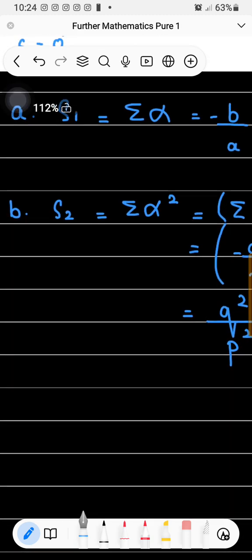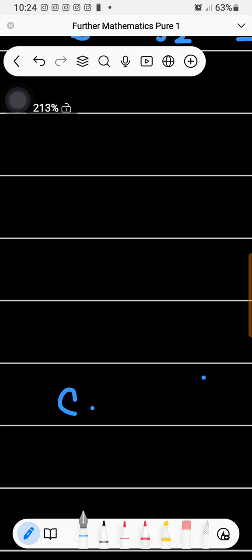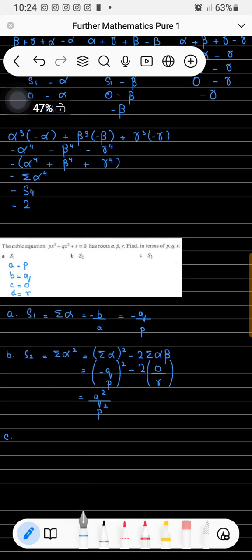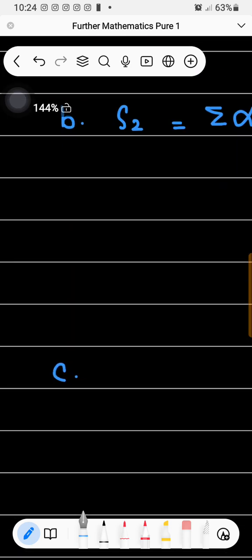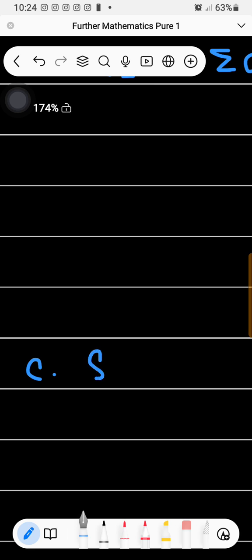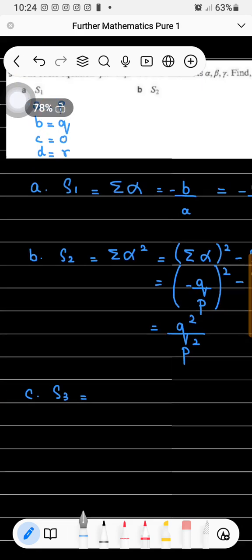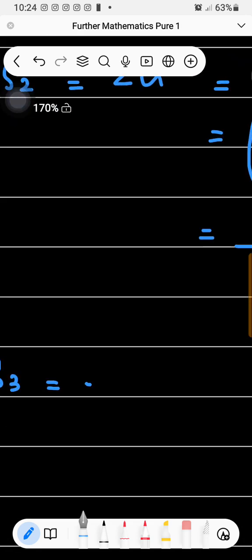Then we have to do part C. In part C, the question is asking for S3. I told you when n is greater than 2, we have to go for the formula which we had learned recently, like S3 is equal to minus b upon a. So b was q, I will write minus q.